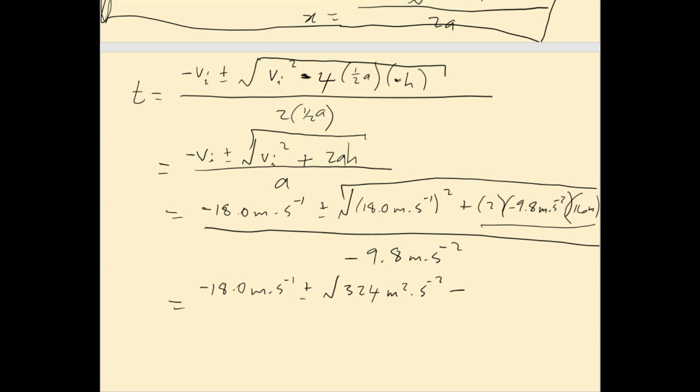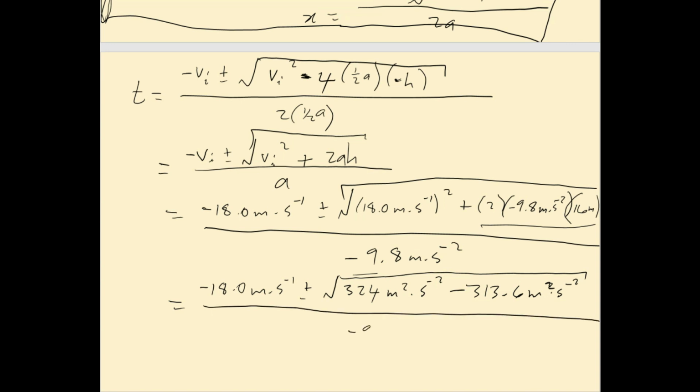I think it's 313, but let's just double check. 16 times 9.8 times 2, 313.6, yes. 313.6 meters squared per second squared. Alright, and all of this divided by negative 9.8 meters per second squared.